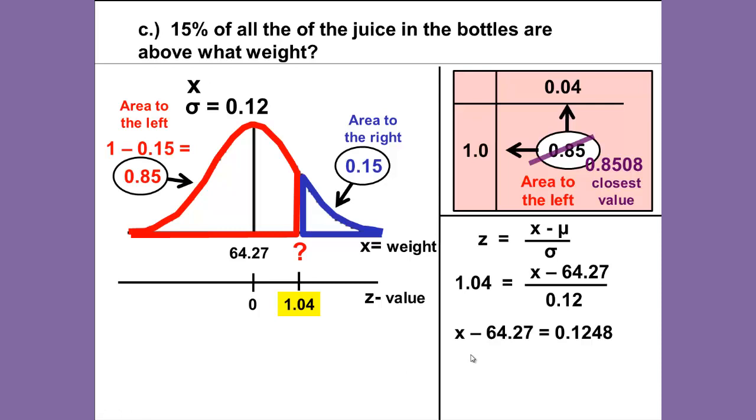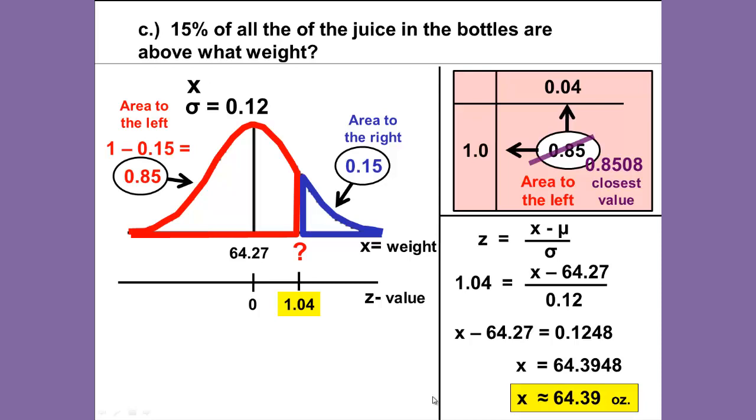That means we will multiply 1.04 times 0.12, and that will give us 0.1248. Multiplying 1 times x minus 64.27 gives us x minus 64.27. Then to solve for x, we will add 64.27 to both sides of the equation, and our final answer is x equals 64.3948.